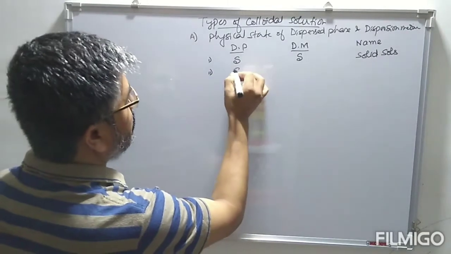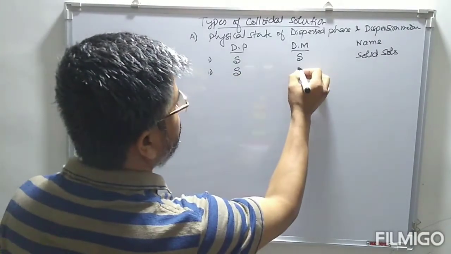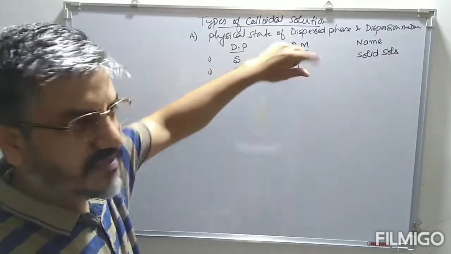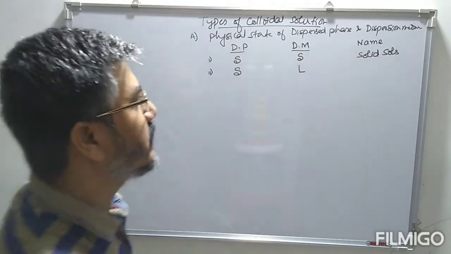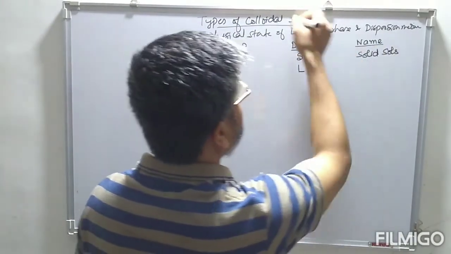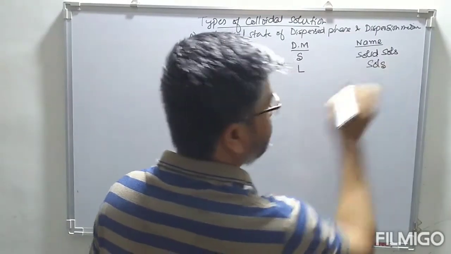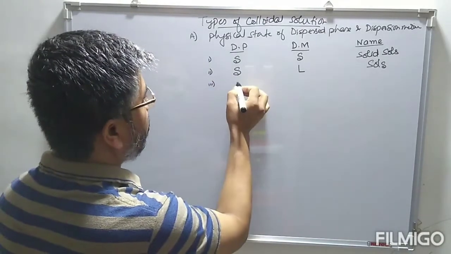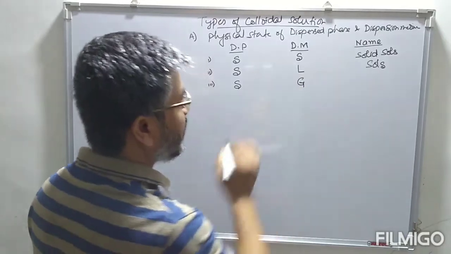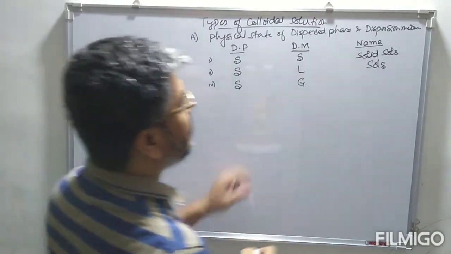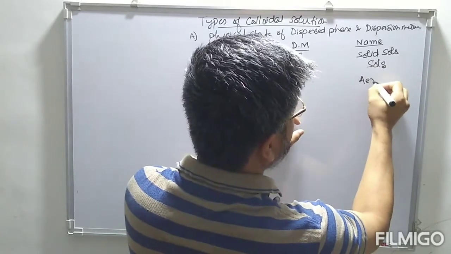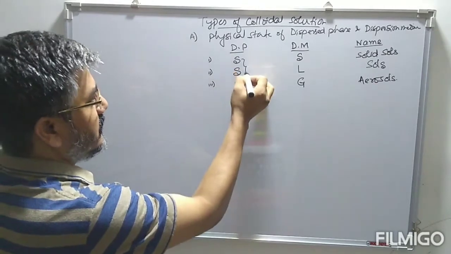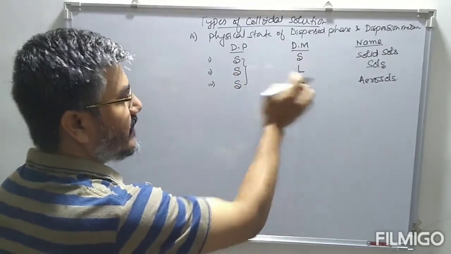Solid dispersed in liquid: these colloidal solutions are known as simply sols. Third, if solid is dispersed in gas, then these are known as aerosols.